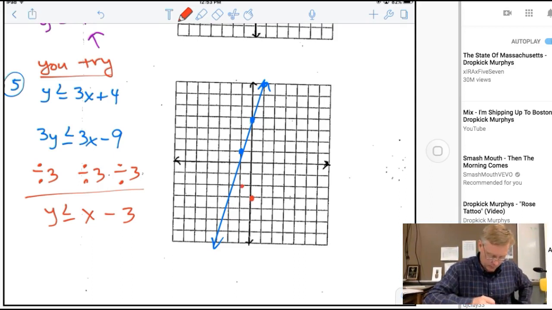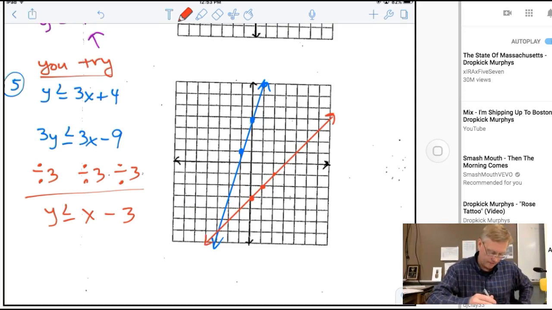Slope of positive 1. Whoops, I went the wrong way. That was negative. Positive 1. Okay, that's also got a solid line because it's got the or equal to underneath it.